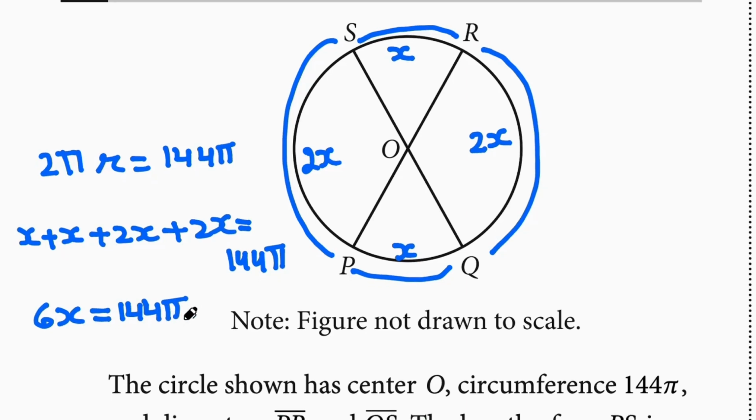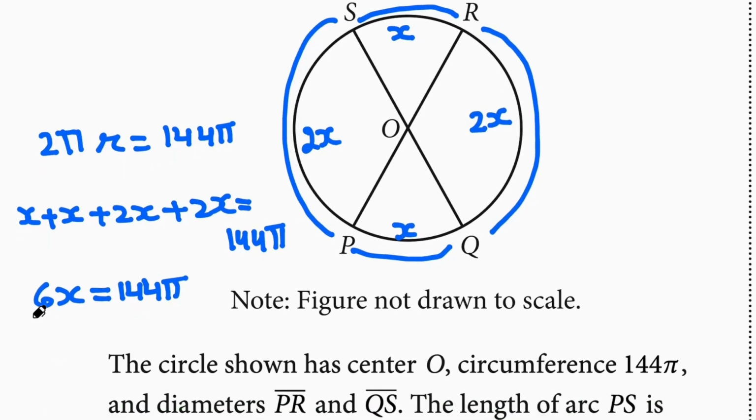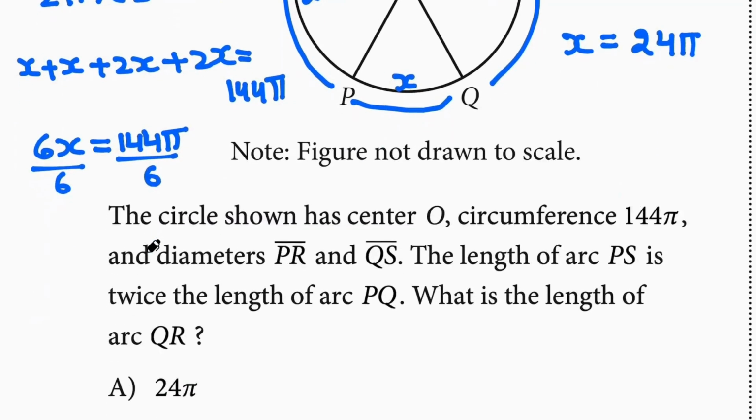Now let's calculate x. Divide by 6 on both sides. So x is equal to 24 pi. That means the length of arc SR and PQ is 24 pi, and the length of arc QR and SP is 2 times 24 pi, because that is 2x. Now let's see what the question is.